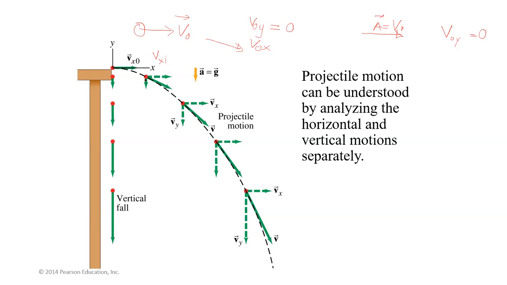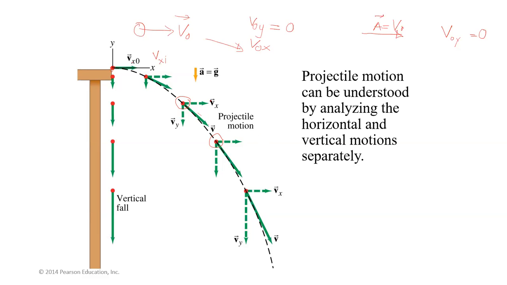Now, initially this is horizontal, but when your ball is at this point, the velocity is along here, and when the ball is here, the velocity is along this green arrow. That is the velocity of the object, but it is not easy to explain or find the velocity this way, because this is not the x direction and this is not the y direction.